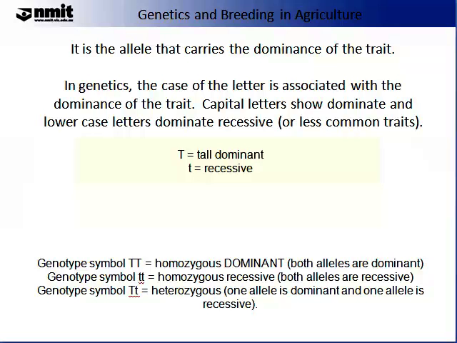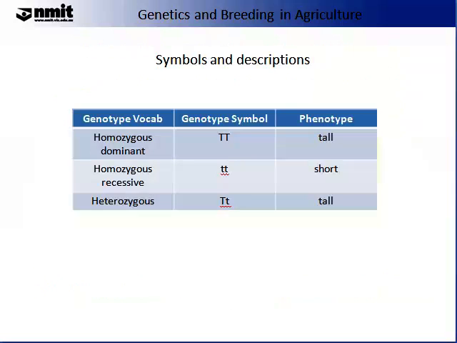That is, both alleles are recessive. A heterozygous, where one allele is dominant and one allele is recessive, is shown by a capital T followed by a lowercase t. The following table sums up these symbols and descriptions for your reference.